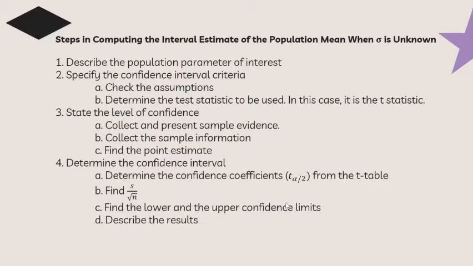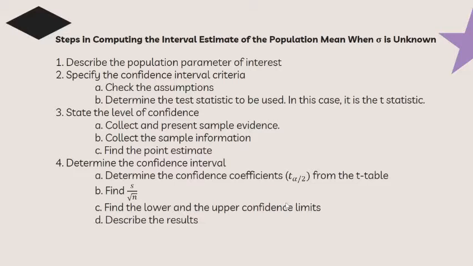Third, state the level of your confidence. We're going to collect and present sample evidence, collect the sample information, and then find the point estimate. The last procedure is to determine the confidence interval.